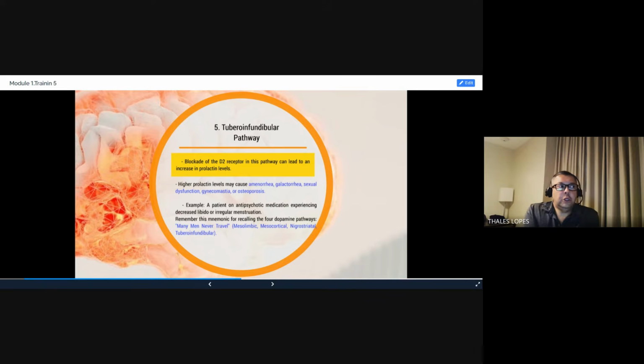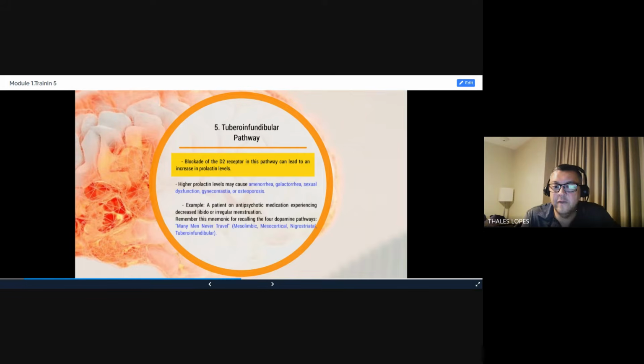What you do or you don't do, patients-wise, that get osteoporosis, we'll cover that in a second, okay? But I want you to remember that the problem in the tuberoinfundibular pathway is because of dopamine blockade. Here, you have less dopamine and more prolactin.